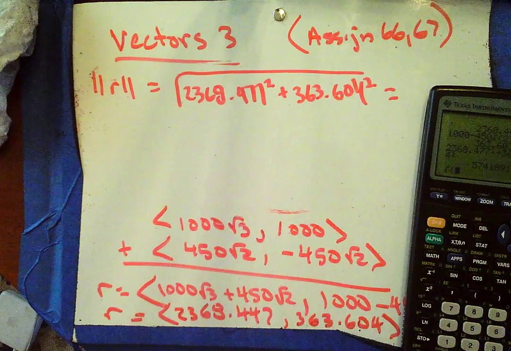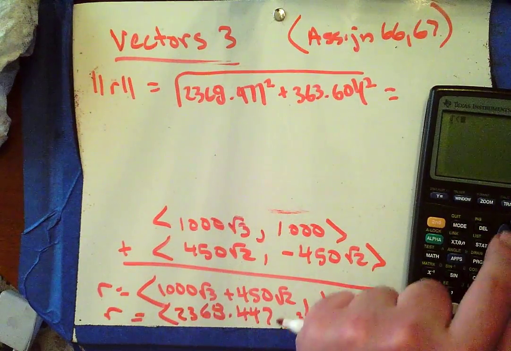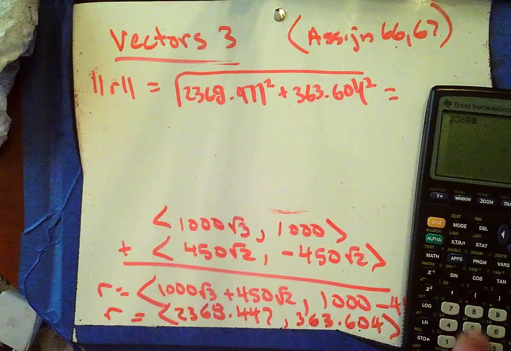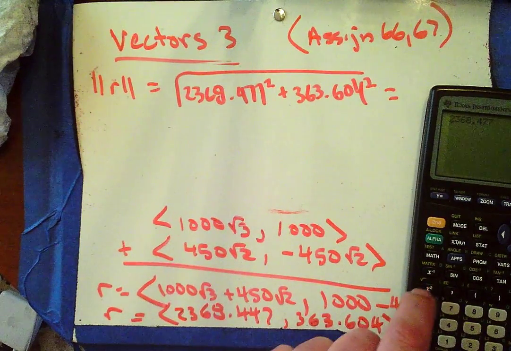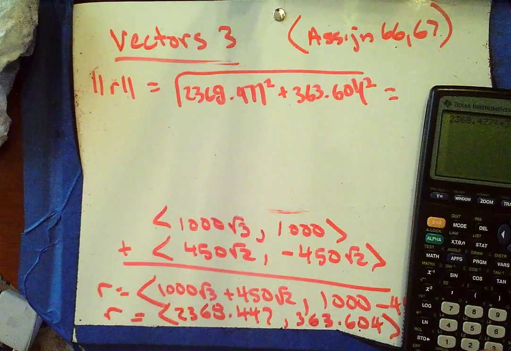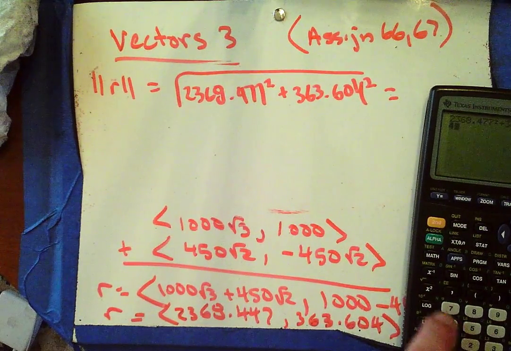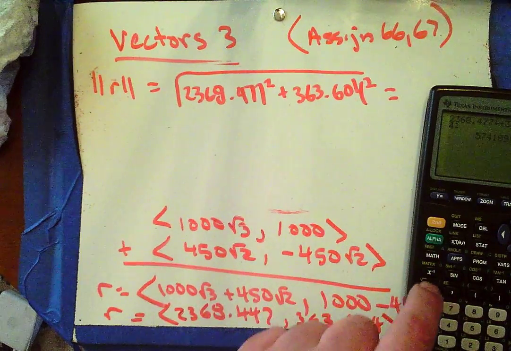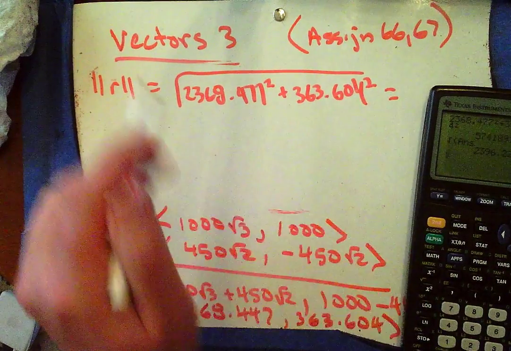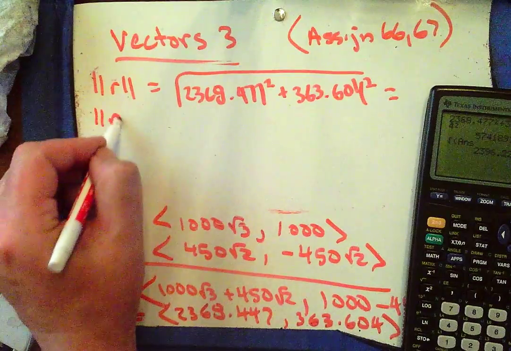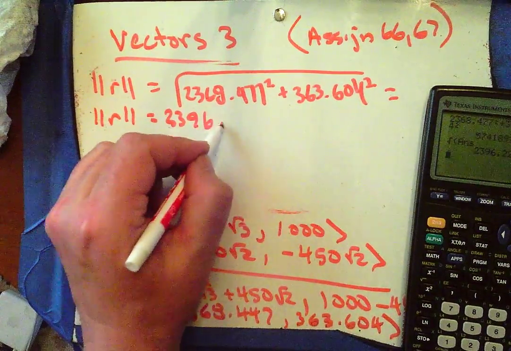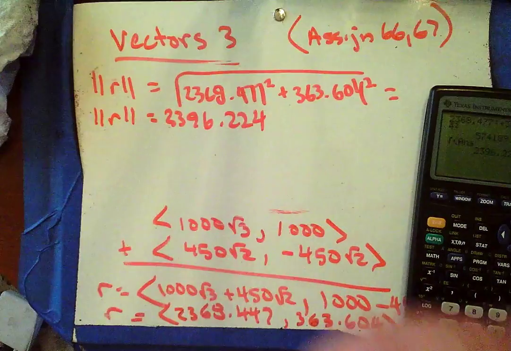Don't forget to take the square root. I clearly made a mistake somewhere, so I have to do it again. 2368.477 squared plus 363.604 squared. And then don't forget to take the square root of that answer. And I get the magnitude of R is 2396.224.